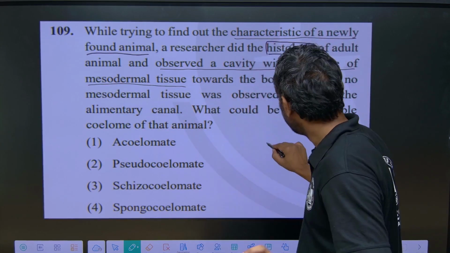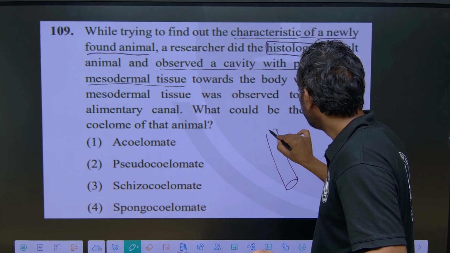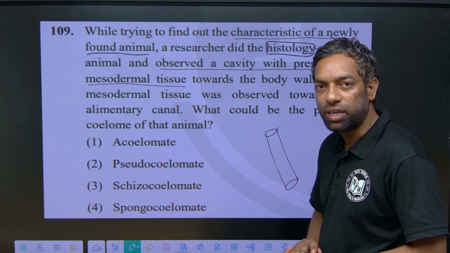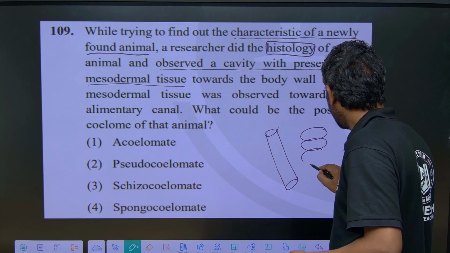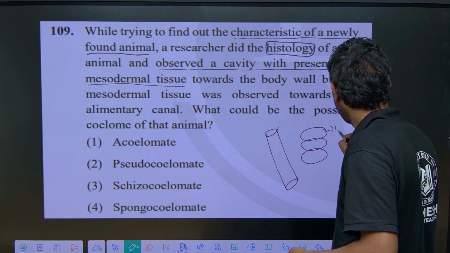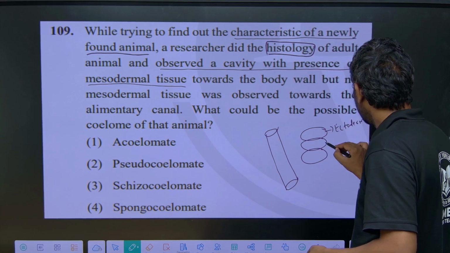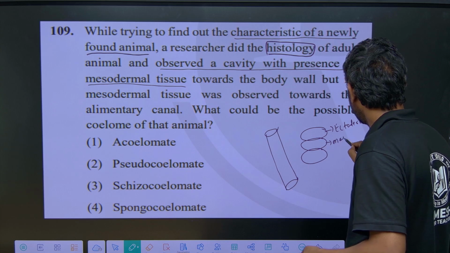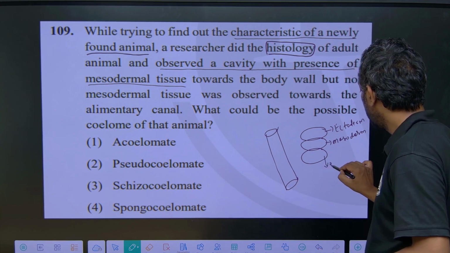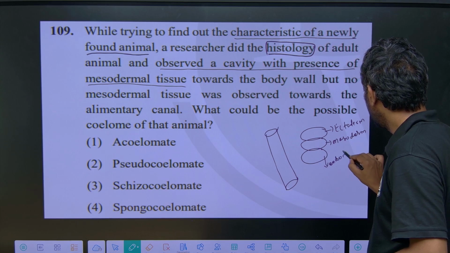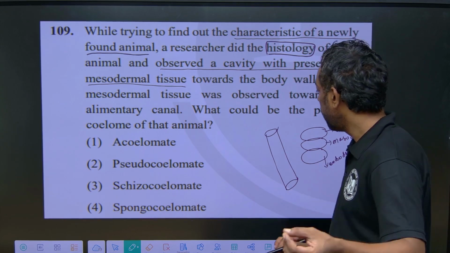The roundworms were where it started. The germ layers are ectoderm, mesoderm, endoderm, the 3 germ layers.